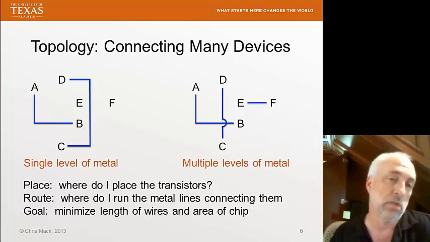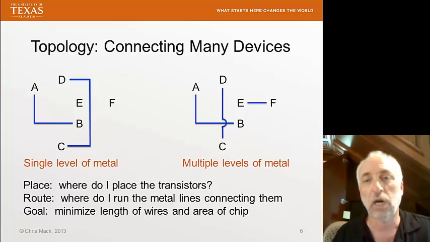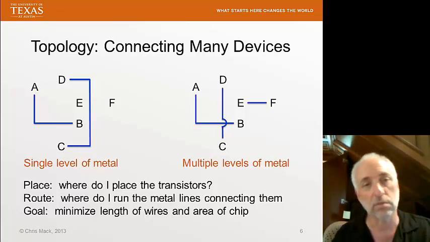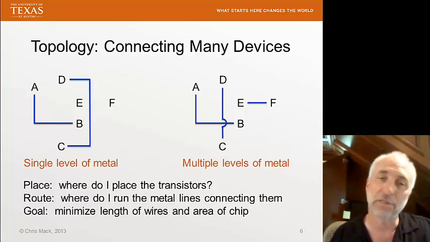Well, I'm showing just four or five or six connections here, and it's pretty simple for you to look at this and say, oh, we just need to move the transistor C and we'll have a much more efficient place and route. But that's not as easy to figure out when there are thousands of transistors or millions of transistors or billions of transistors.